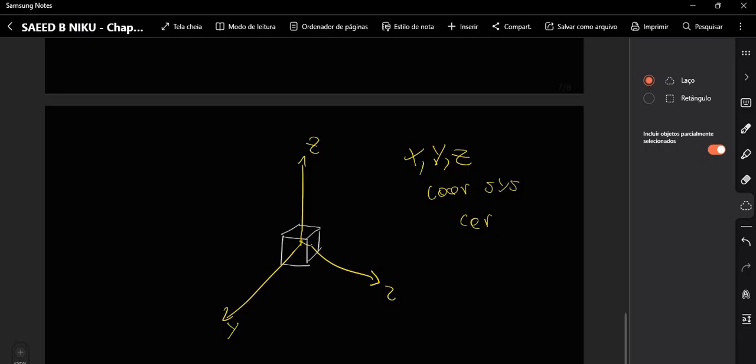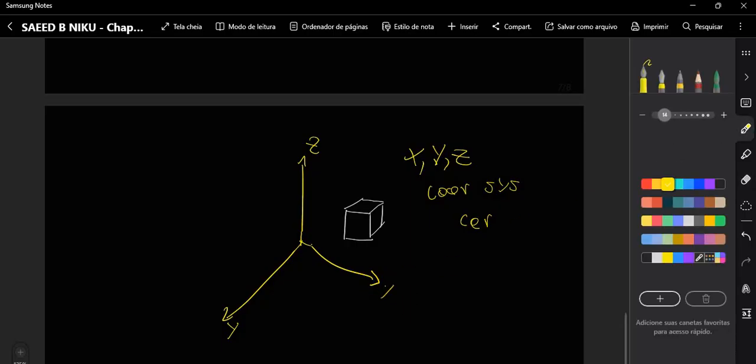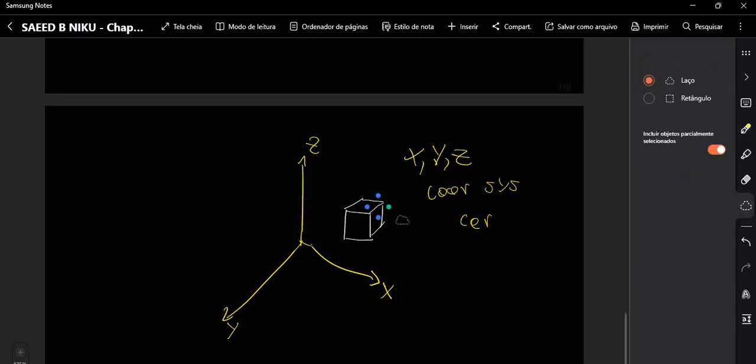And this cube has 6 degrees of freedom, which means that it can move along the axes x, y, and z, and also rotate about these axes, so it can translate along these axes and do rotation movements about these axes.